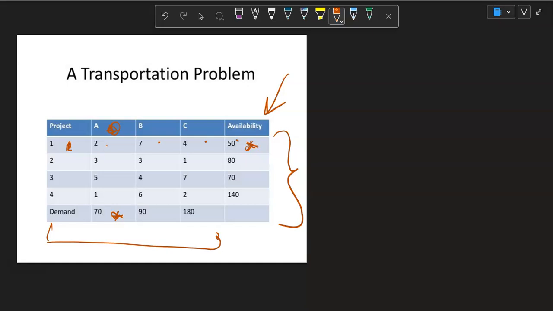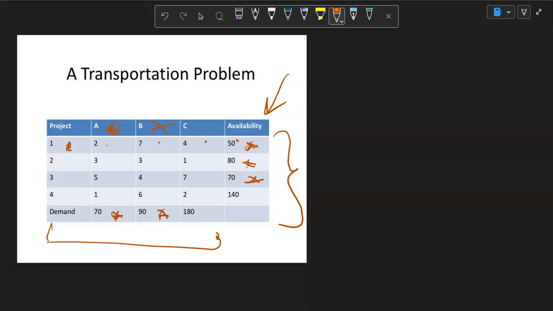So supply 2 can only supply 80. Okay, supply 3 can only supply 70. That's all they have in their factory. Okay, and demand B or the store, which is store B, only wants an inventory of 90. So basically now you begin to distribute from these supplies to these stores.